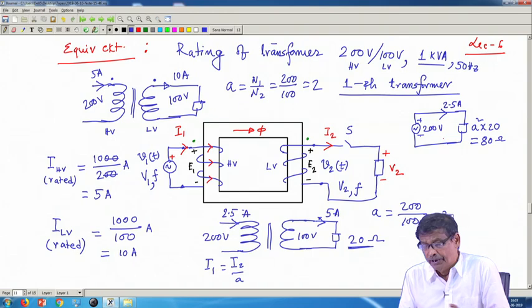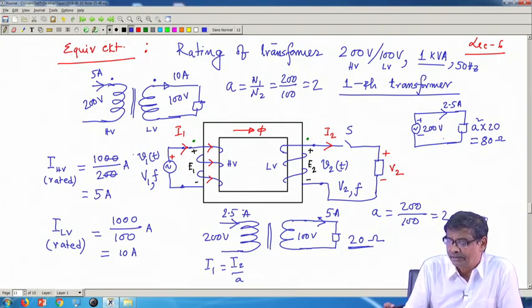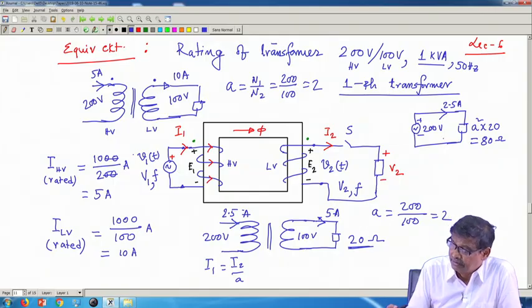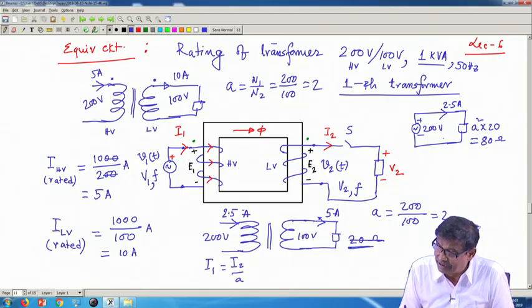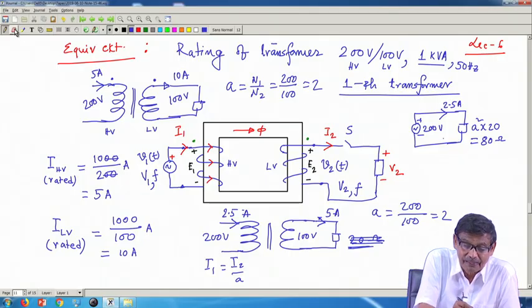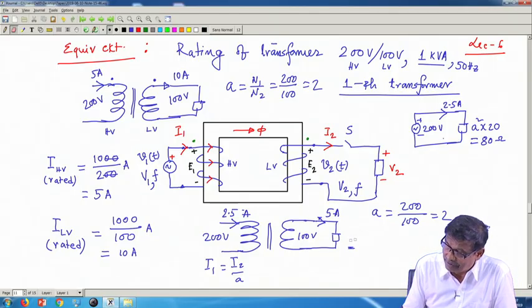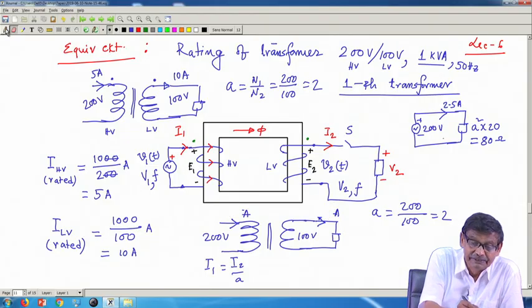Now, corresponding to this rated current, here I am underutilizing the transformer. It can deliver a current of 10 ampere, but I have connected 20 ohm. This I can always do. Under full load, rated condition, I should connect an impedance equal to 10 ohm.